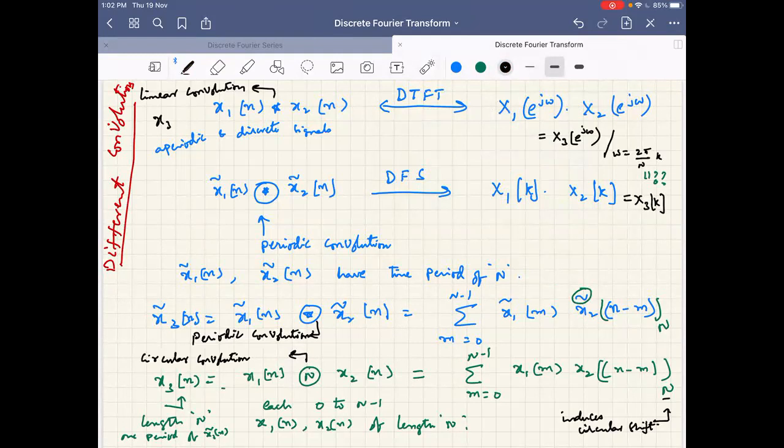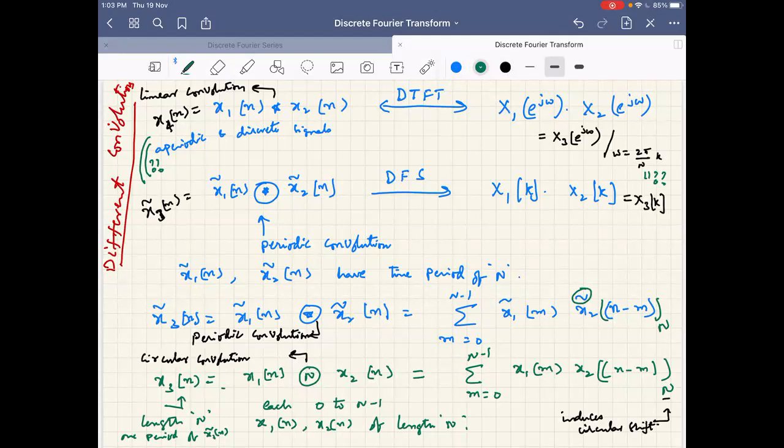So let me define this as x4 then. Okay, x4 of n is equal to this. And x3 tilde of n, anyway I have defined as this. The question is, will these two be the same? Can these two be the same? When will they be the same, if at all? These are the questions we have with us.